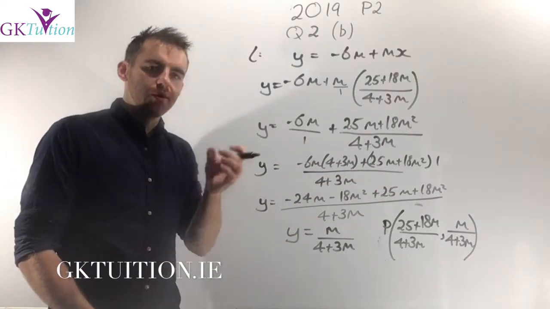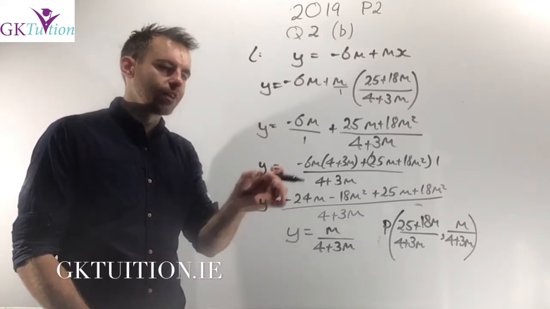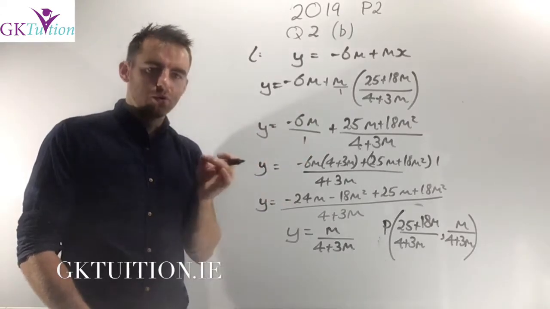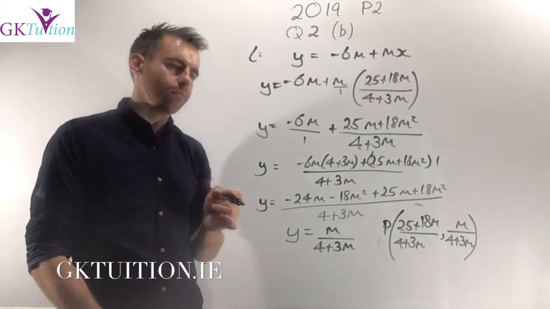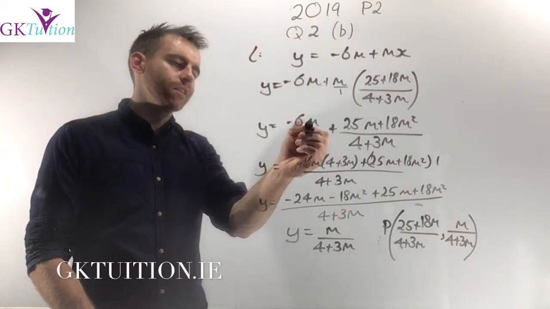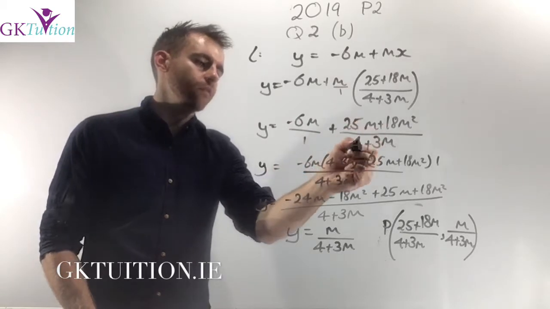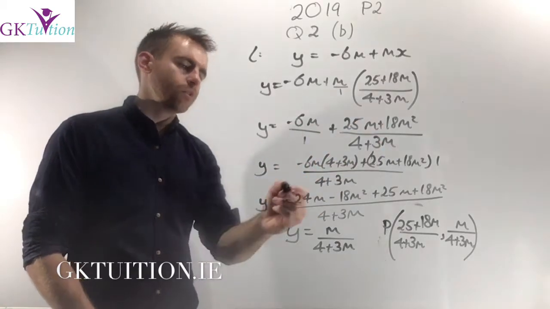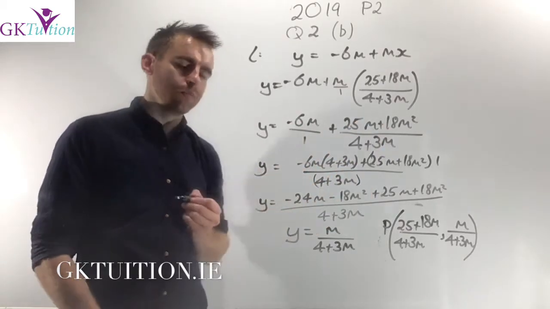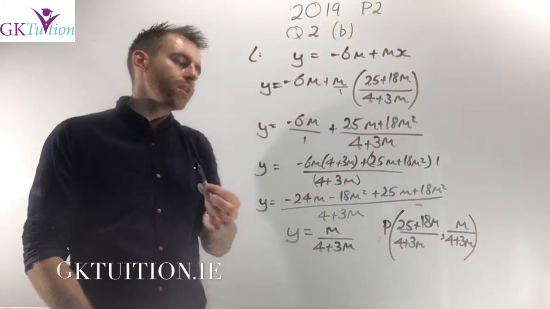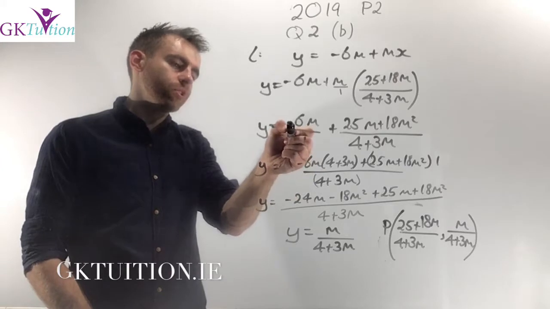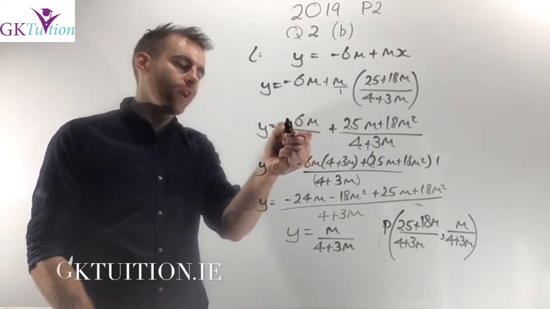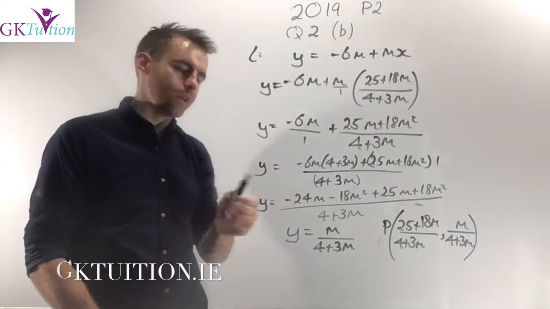You should realise now that on the right hand side, you have two fractions and you're adding them together. In order to add or subtract fractions, you have to get a common denominator. This term is minus 6m over 1, and this is all of this over 4 plus 3m, so the common denominator is just 4 plus 3m. Now to work out what goes on the top of the fraction, there's a minus 6m on top of the first fraction, so I definitely have a minus 6m here.